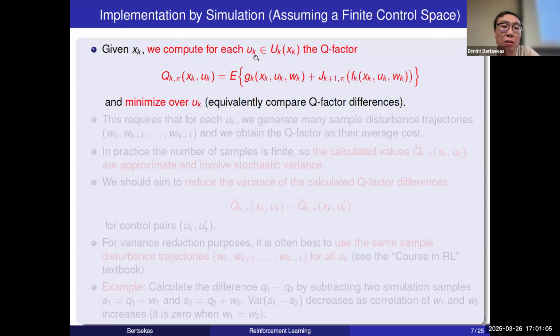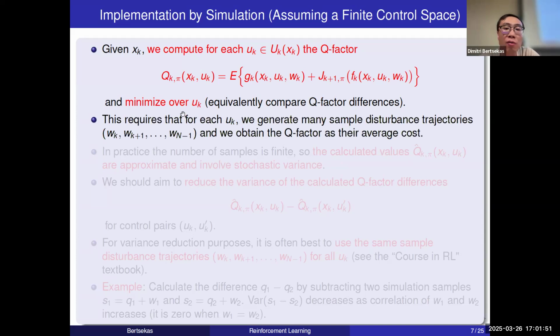So there are finitely many u_k, and for each u_k, we compute its Q-factor, which is this expression, essentially the right-hand side of the one-step lookahead, and we minimize over u_k, finding the u_k that attains the minimum among all the Q-factors. Importantly, this is equivalent to comparing Q-factor differences. Instead of calculating those values, it's equivalent to simply compute the differences between two Q-factors and find the one that attains the minimum.